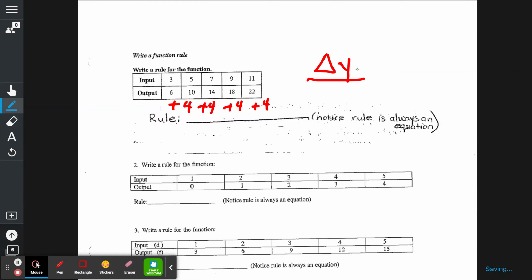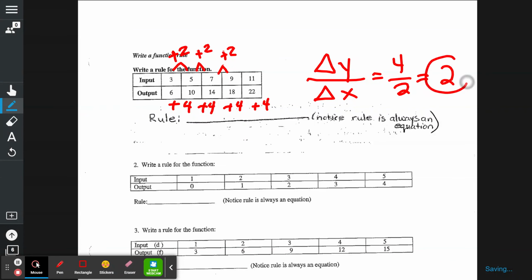My change in y is 4. And I notice my change in x each time is 2. And when you put the change in y over the change in x, it's 4 over 2, you get an answer of 2. And that 2 is what I call the multiplier.